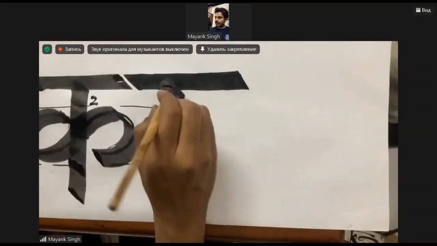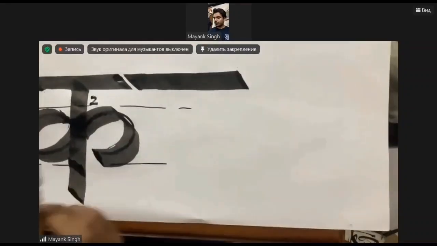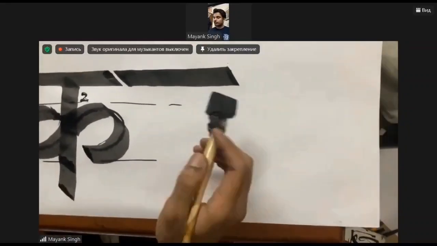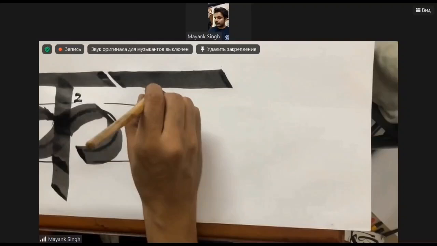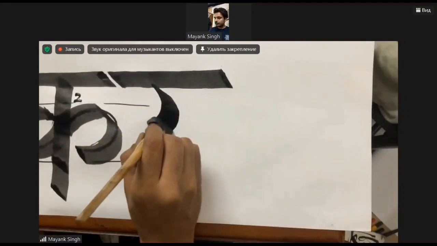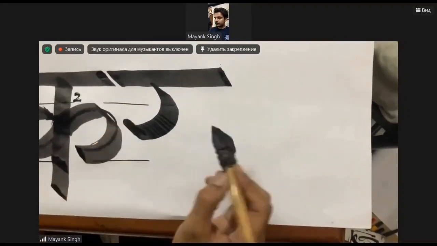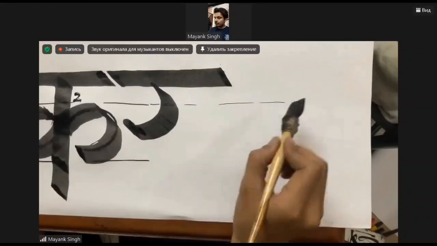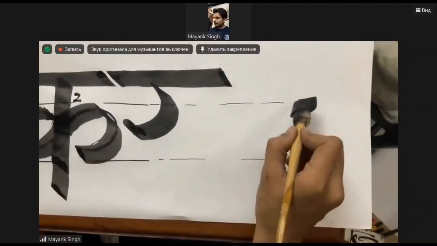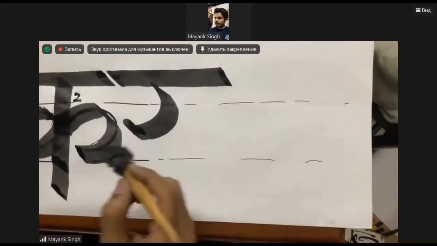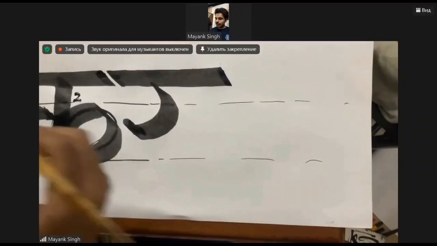Kha: the first stroke is Shirorekha. Second stroke is a half crescent. Pay attention that I am carrying forward this line and making it according to this line.